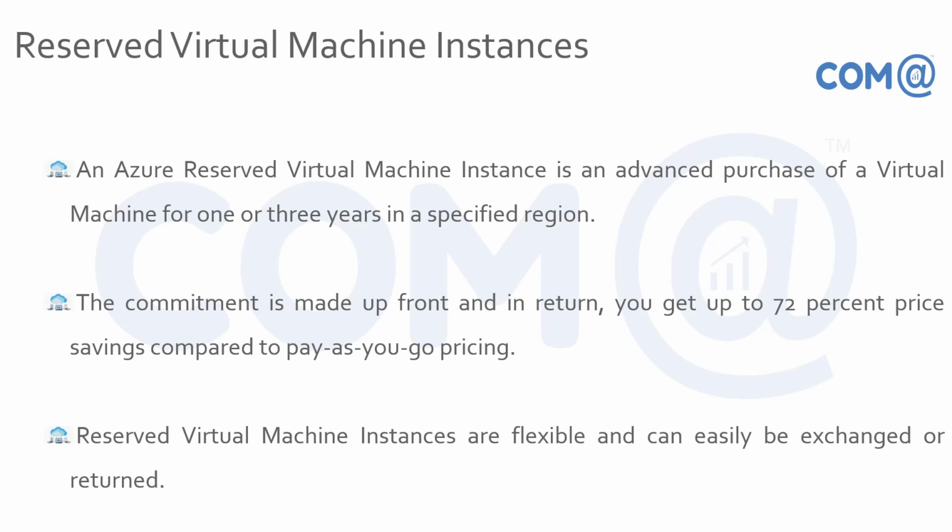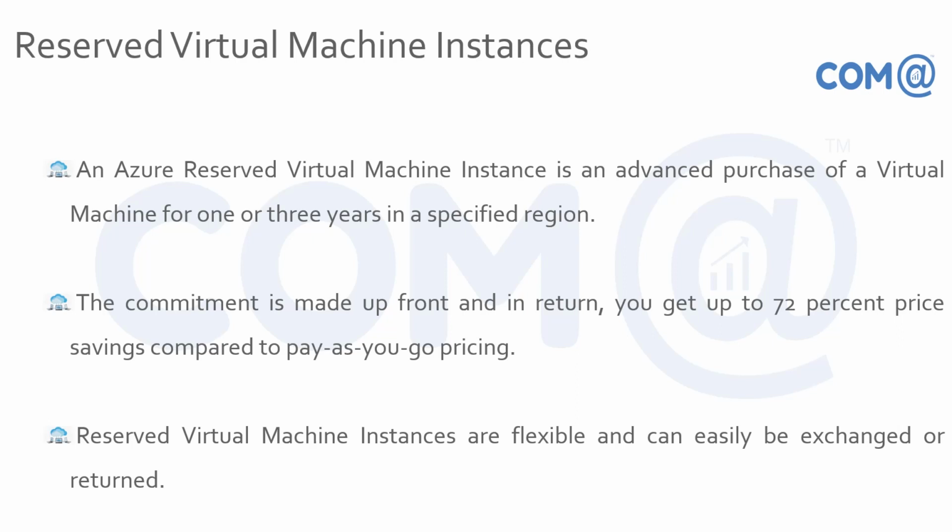For example, you're running a web application. You are sure that you're going to run this web application for up to 3 years. So you can reserve this instance for 3 years, and you can have a reduced cost for all the 3 years. So that is the important feature about these reserved virtual machine instances.